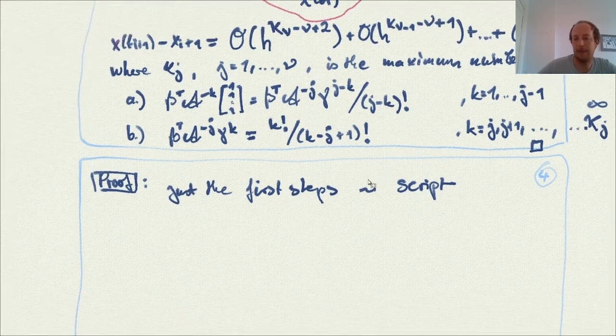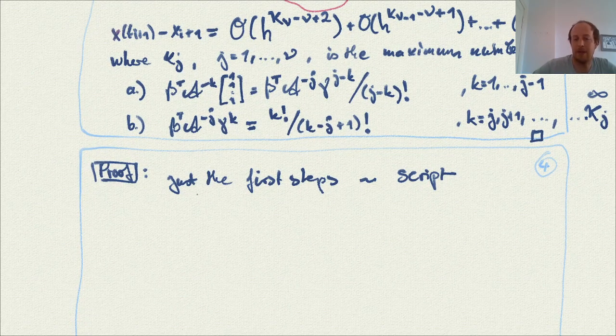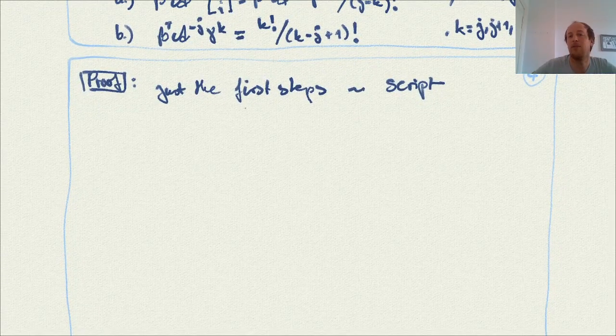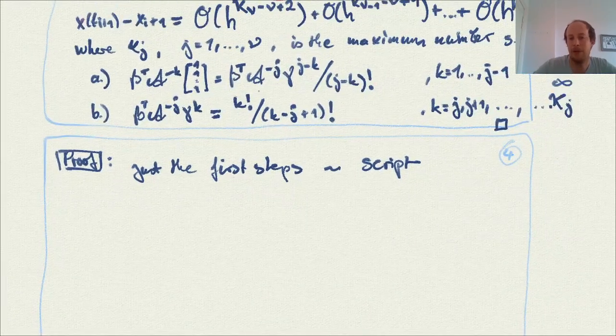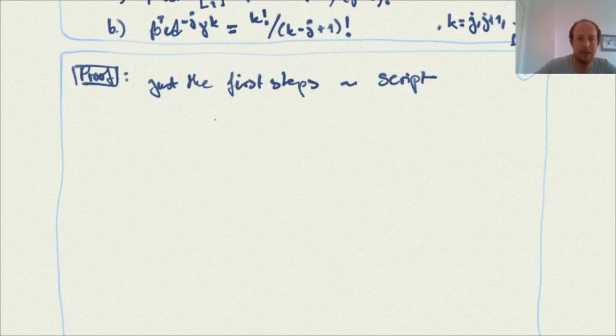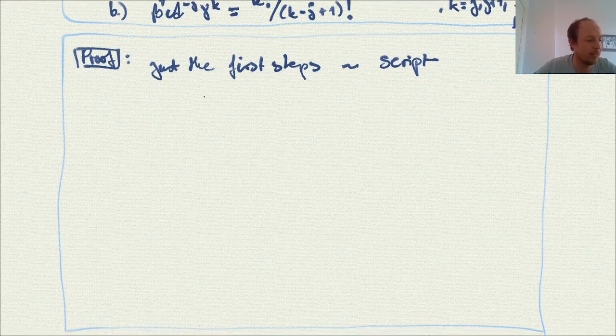In the end, it's a bit technical, but I think the first steps are interesting, and they are not laid out too well in the script. I just want to explain how one gets these first formulas, and then from the formulas how to get to these relations. I think that's more straightforward, and so to provide a bit more idea how this proof works, I will just lay out the few steps.